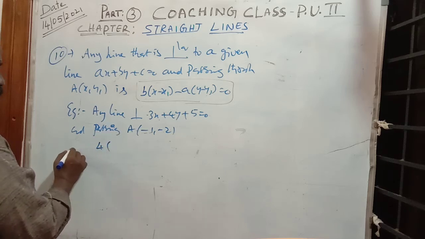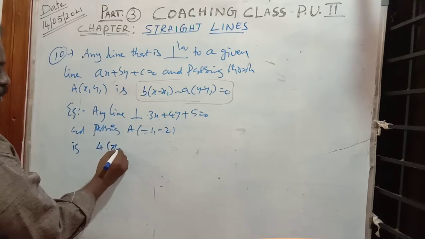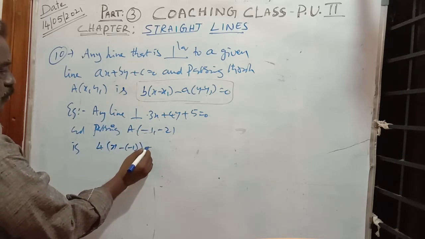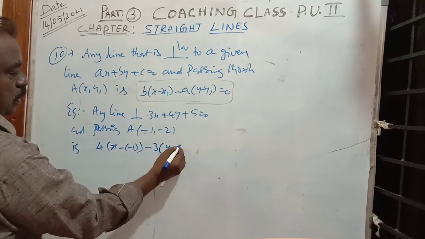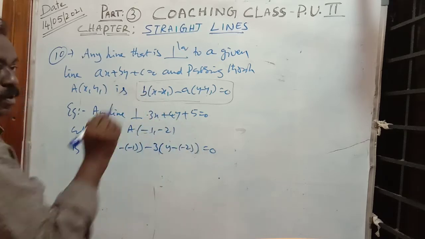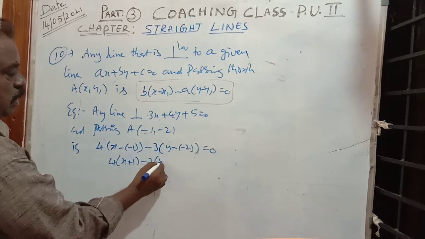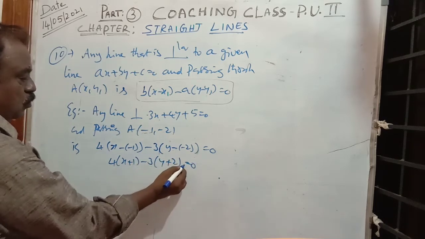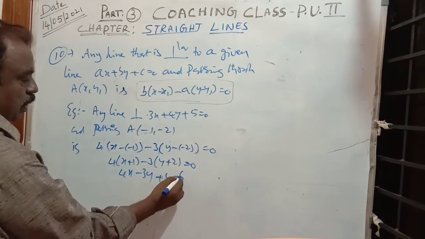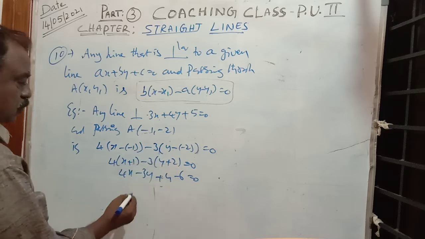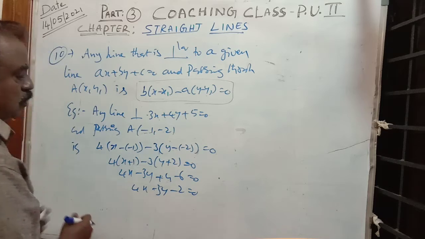It is 4 of x minus of minus 1, minus 3 of y minus of minus 2 is equal to 0. It is 4 of x plus 1 minus 3 of y plus 2 is equal to 0. It is 4x minus 3y plus 4 minus 6 is equal to 0. So 4x minus 3y minus 2 is equal to 0.